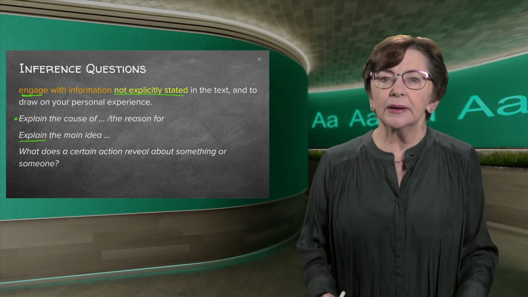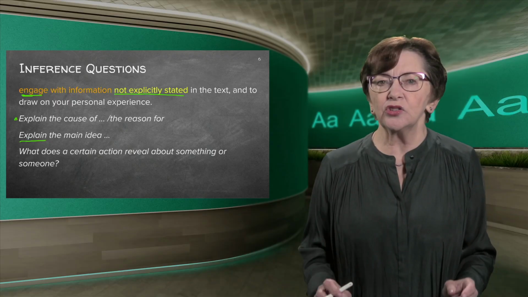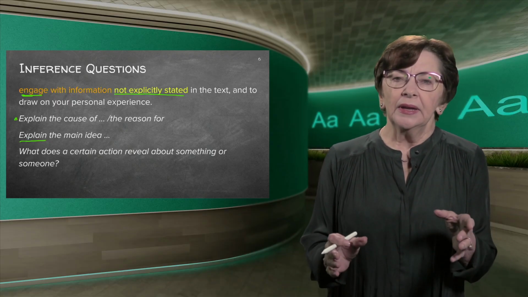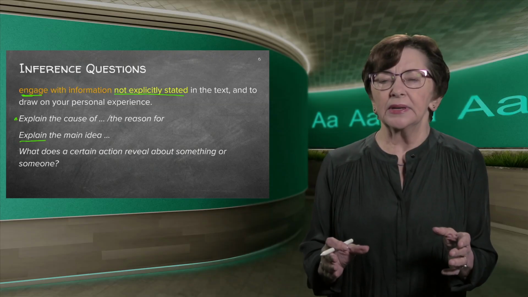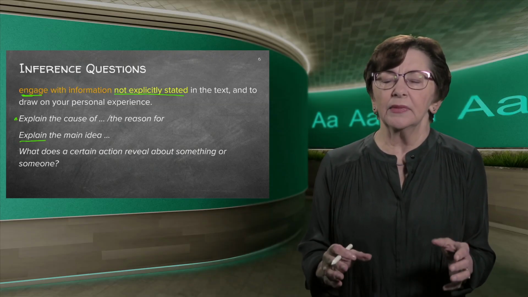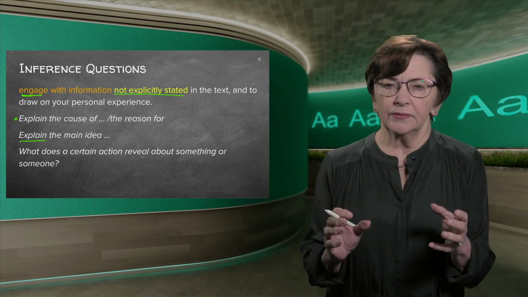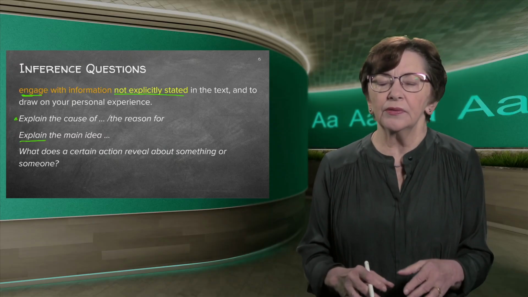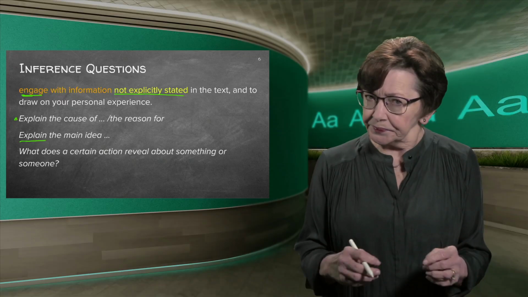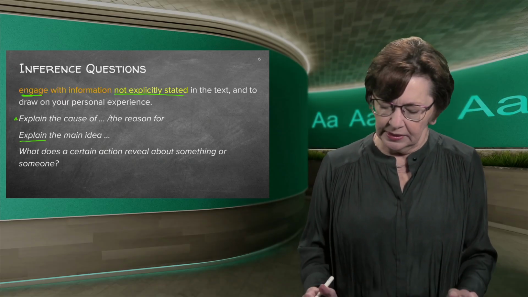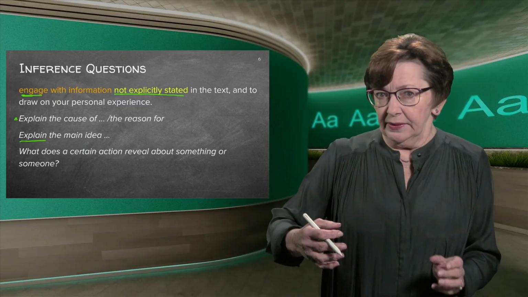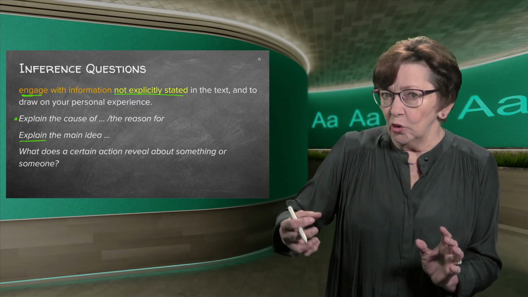Explain the main idea in that passage, say, the main idea in that paragraph is about him not being able to get into the car and drive, his worries about being late, etc. Explain it. The explanation will be an inference.